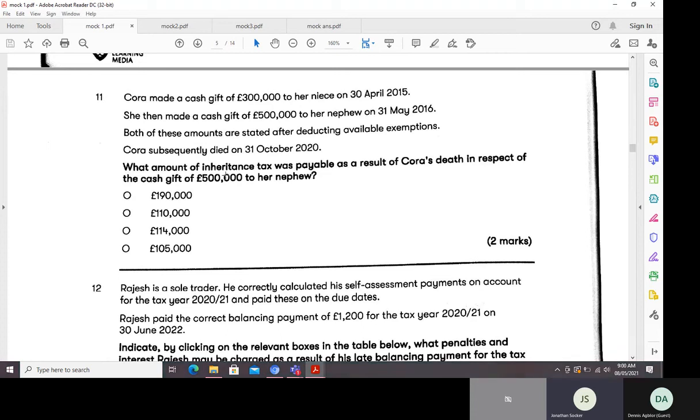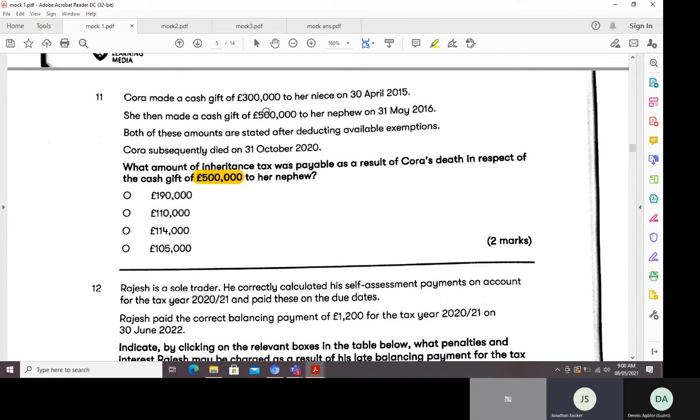So what it means is that we have to calculate death tax on this 500,000, the death tax on the 500,000 you give to the nephew.